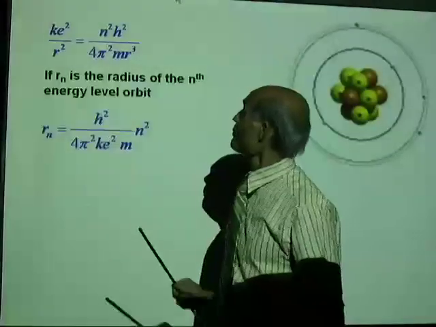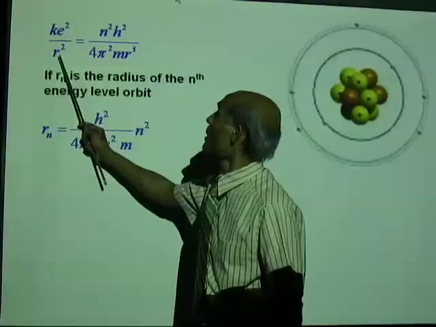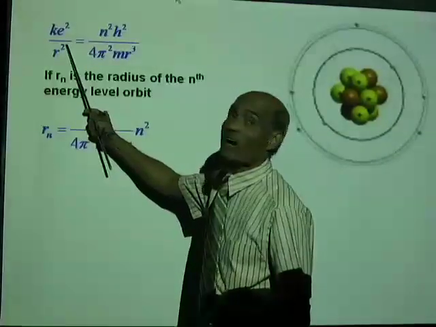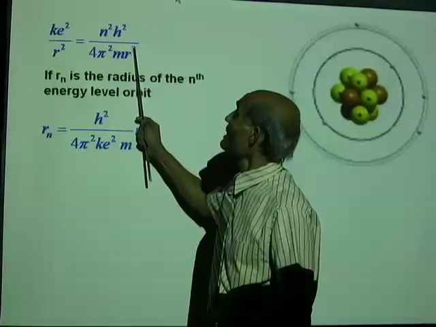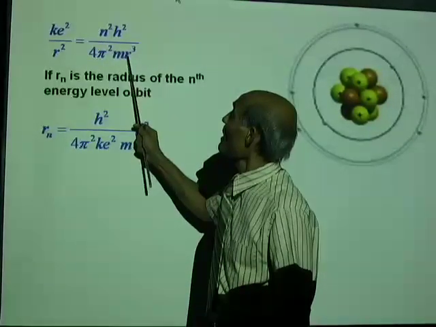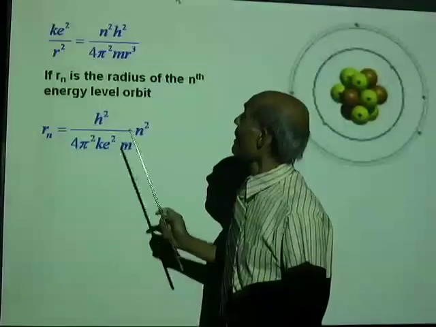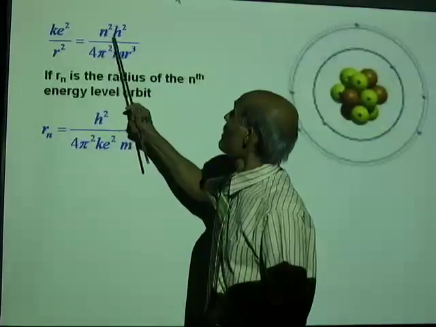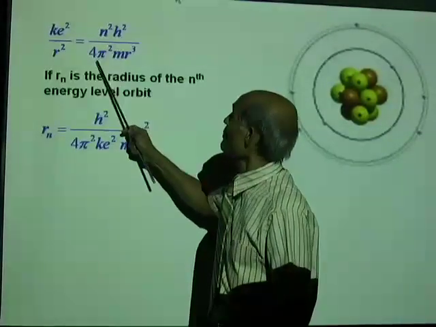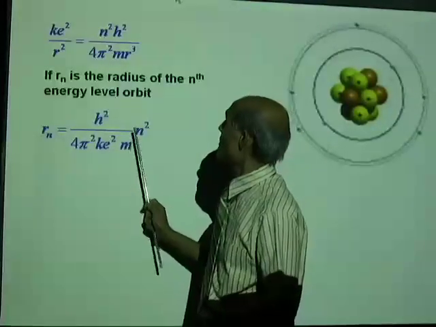Then, if you solve for that r_n, can you do that from here? Solve for r. Well, you can see r squared on the left will cancel with r squared on the right, leaving an r there. And if you solve for that r, it will give you r equal to n squared h squared over 4 pi squared k e squared m.